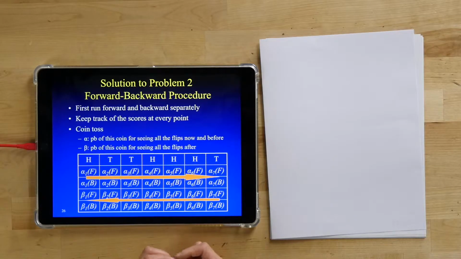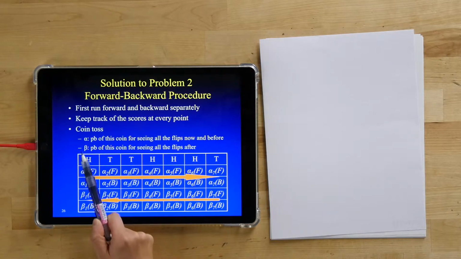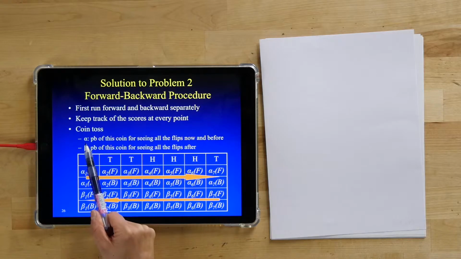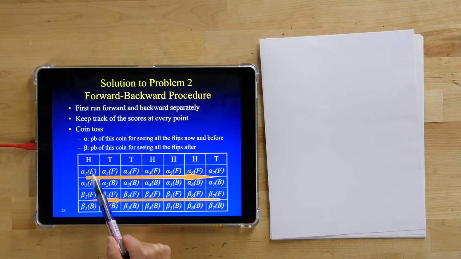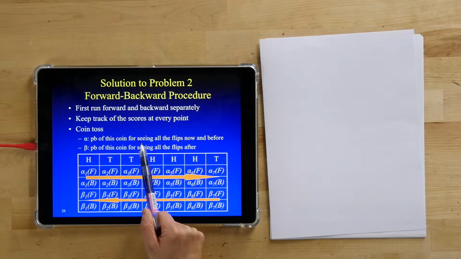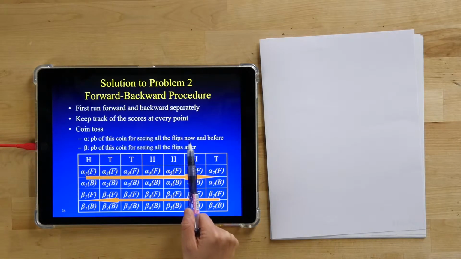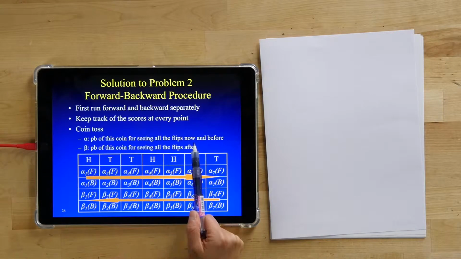And so interestingly, the solution for problem 1 can now be used to solve this problem 2 using a procedure called forward-backward. So remember, in the forward procedure previously, we have estimated all the alpha numbers, right? So what are the alpha numbers? Alpha numbers are the probability of using this coin in order to see all the flips up to now, including the current flip and everything before, right?